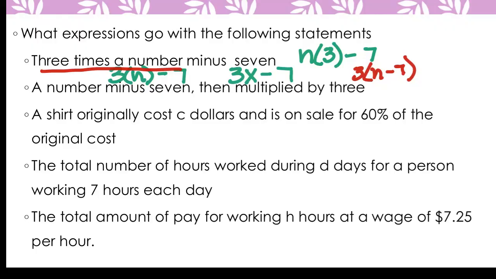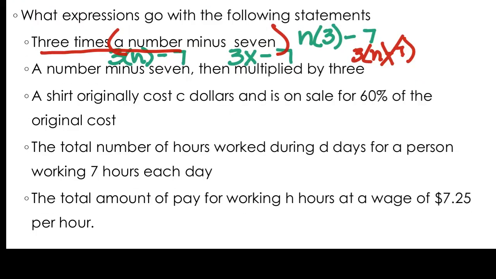Now, if it would have said 3 times and then maybe a comma, or maybe it would have said take a number minus 7 and then take that times 3, then it would have been like this. Okay? All right. Now, let's take a look at number 2. A number minus 7, then multiplied by 3.